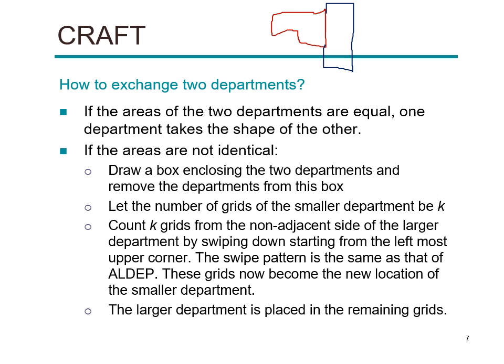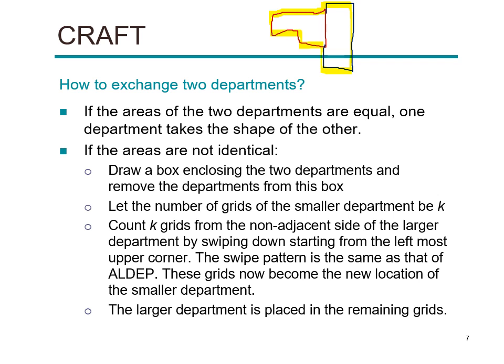So first we draw a box enclosing the border of these two departments. So this is the border of these two departments. Then we delete or remove the departments from this box.